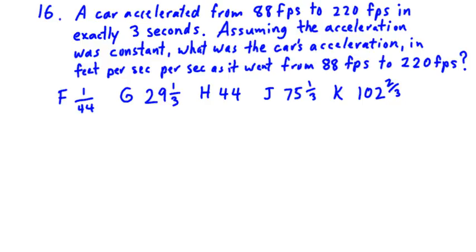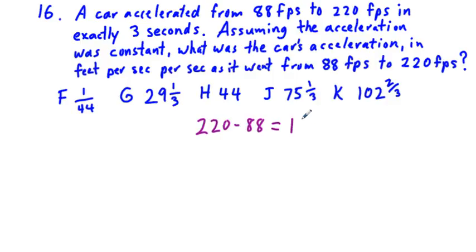Next problem, 16. A car accelerated from 88 feet per second to 220 feet per second in exactly 3 seconds. Assuming acceleration was constant, what was the car's acceleration in feet per second as it went from 88 feet per second to 220 feet per second? Well, for that, we're just going to take 220 and subtract out 88. This is going to give us our total amount of velocity increase in that period of time.